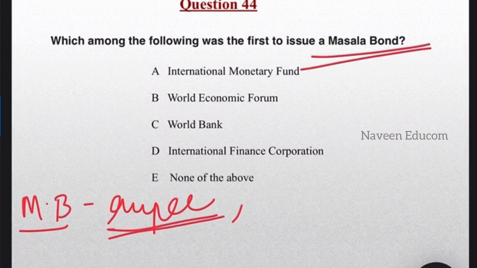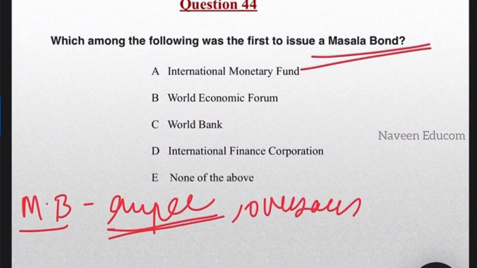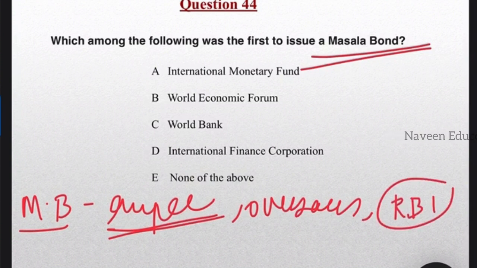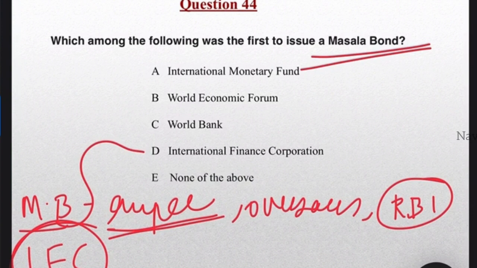Such bonds are regulated by the Reserve Bank of India. The name Masala bond was first given by the, this is also very important, which is our answer, International Finance Corporation, IFC. That is option D, which is our answer.